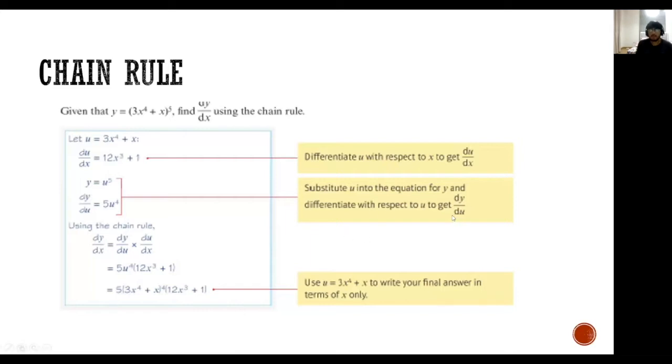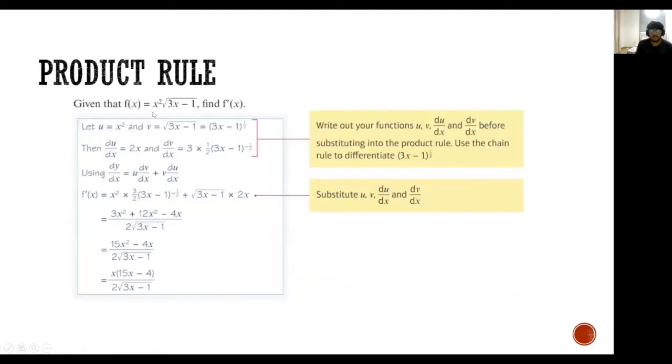Now, using this new methodology of chain rules that we learned, we can apply this in the product rule. So basically, we can say that u is equal to x squared, and v is equal to 3x minus 1 raised to the power half.